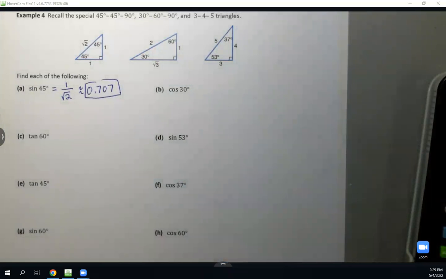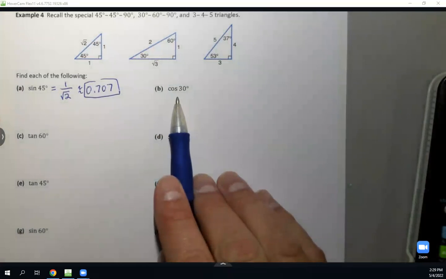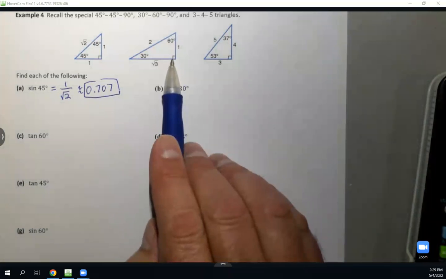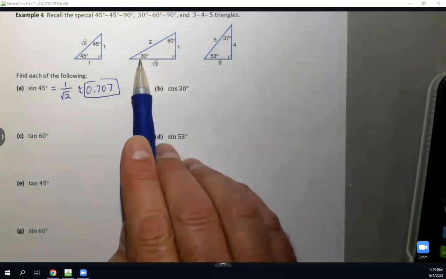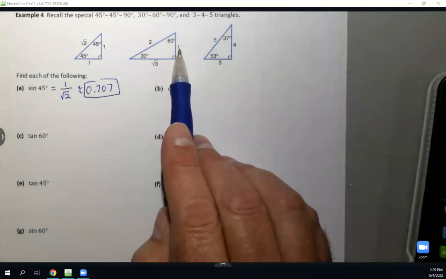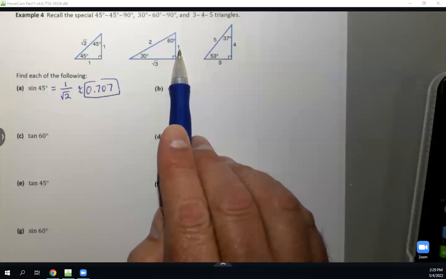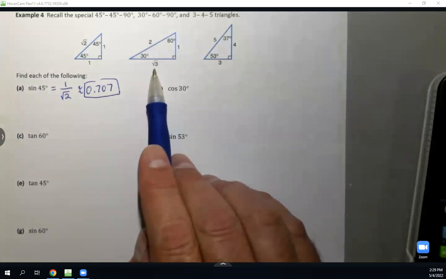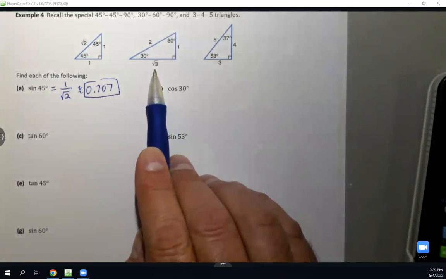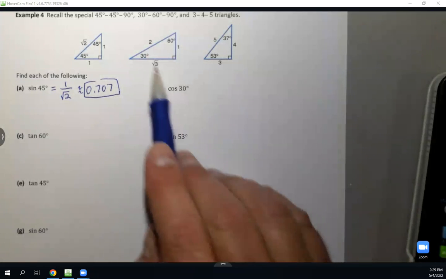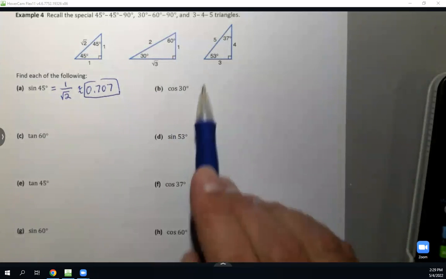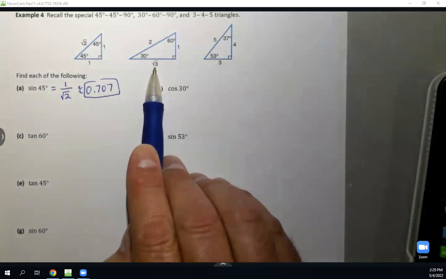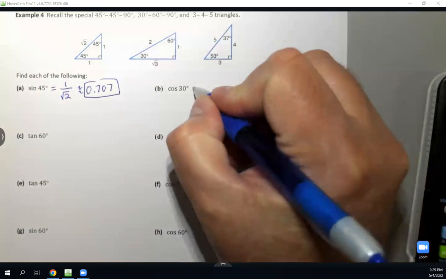The cosine of 30 degrees. Here's my 30-60-90 triangle. Remember the ratios: if the short side is 1, then the hypotenuse is double that, and the other leg is the square root of 3 times that. For the 30-degree angle, we're doing cosine, so the square root of 3 is the adjacent and 2 is the hypotenuse.